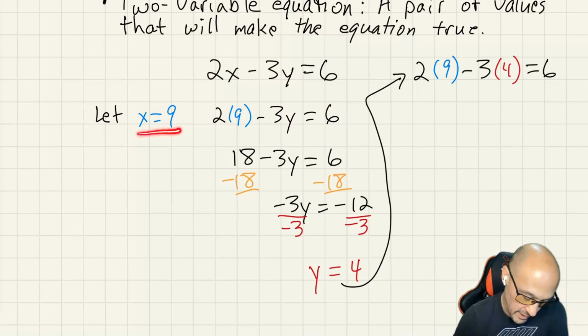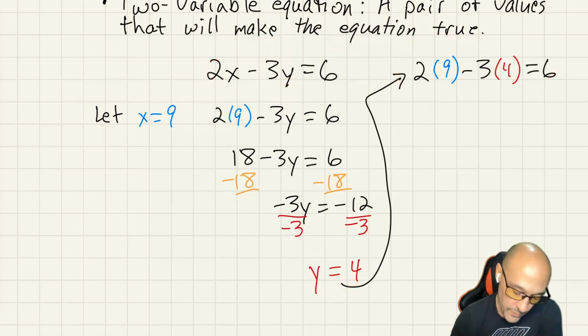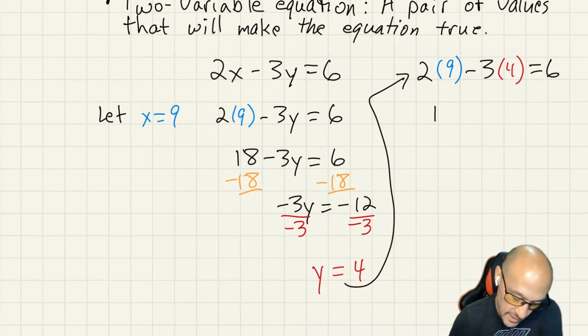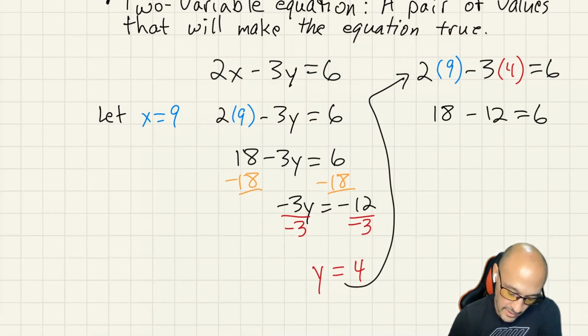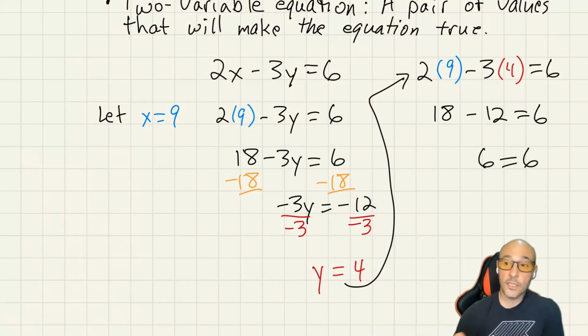So again, I'm plugging in 9 for x, I'm plugging in 4 for y, and then I just have my original equation with those plugged in. 2 times 9 is 18, minus 3 times 4, that's 12, equals 6. 18 minus 12 is 6, equals 6. And so that is a good solution. It makes the equation true.